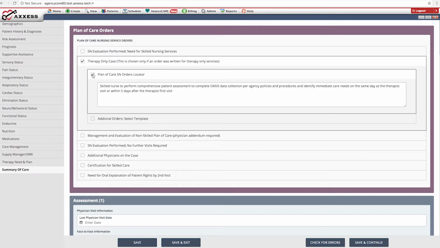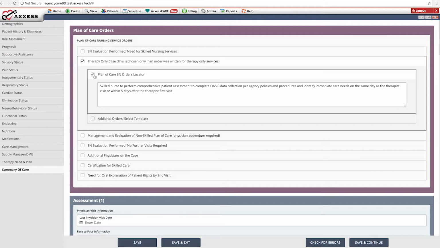And this data must be collected either on the exact day that the therapist is going to do their evaluation or within the 5-day window. So if the nurse goes out on day 1 and the therapist goes out on day 2, then that OASIS is null and void. The nurse must go out either the day the therapist goes out or within the 5-day window after the therapist does their evaluation.